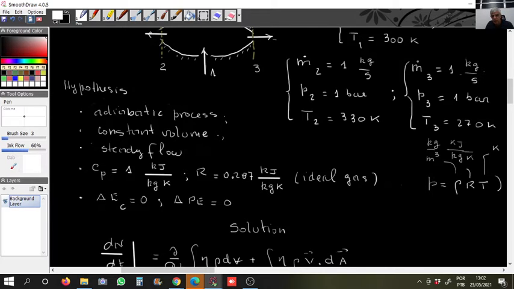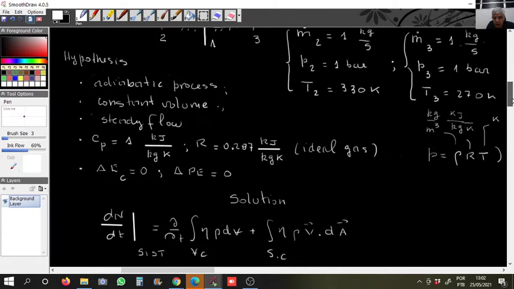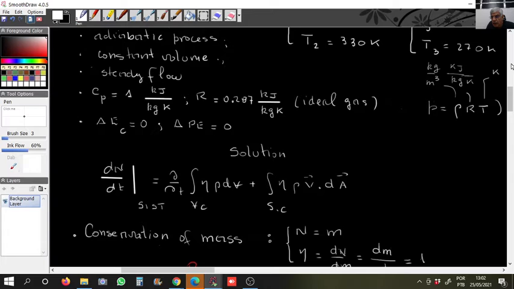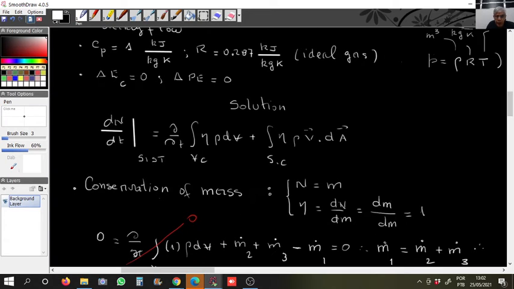Now I'll write down the solution. I will apply the general relationship between system and control volume and surface.